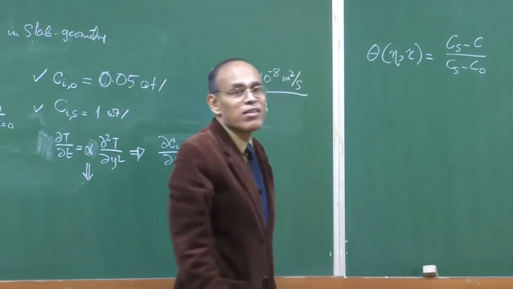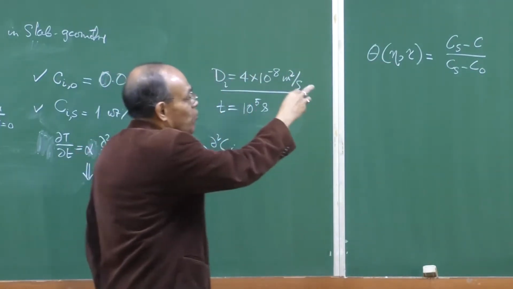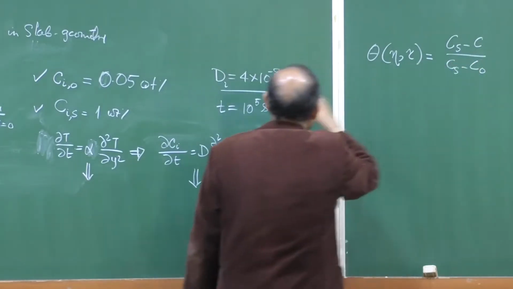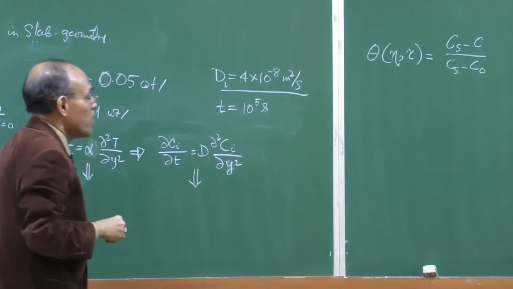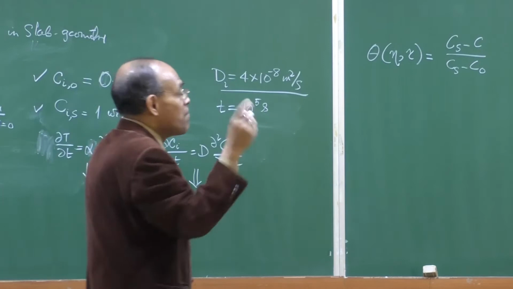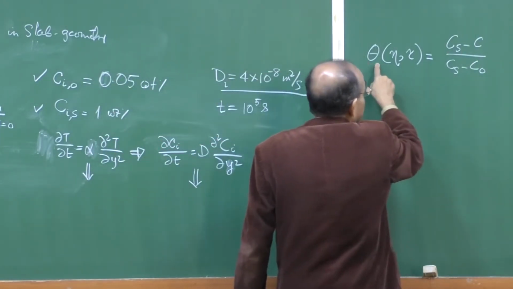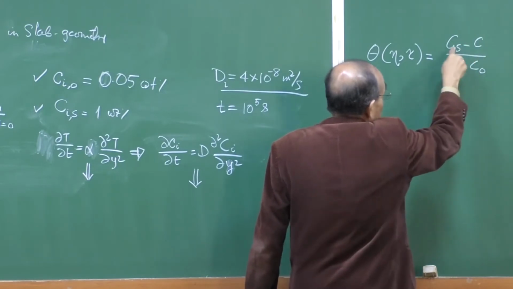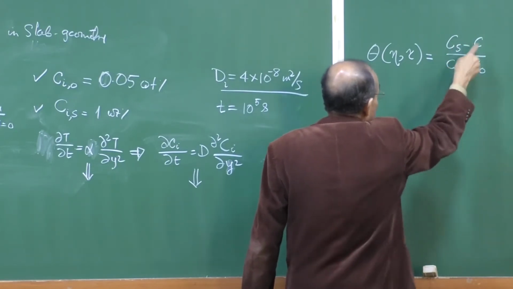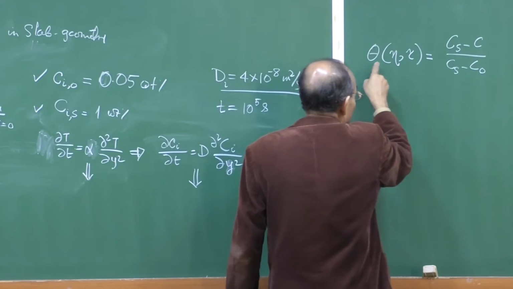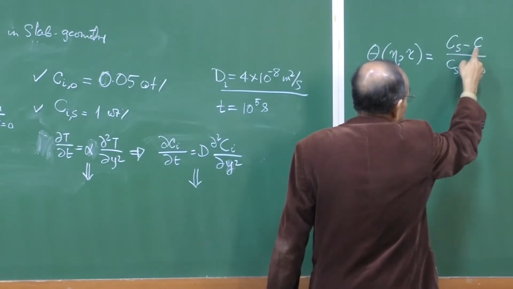I am just dropping the suffix I. Okay? So, whatever concentration I write, it is with respect to the diffusing species I, that should be understood. So, the same boundary conditions apply: at the initial condition theta is equal to 1, as you can see, Cs minus C0 divided by Cs minus C0, this is 1. When the boundary condition is Cs, theta is 0.